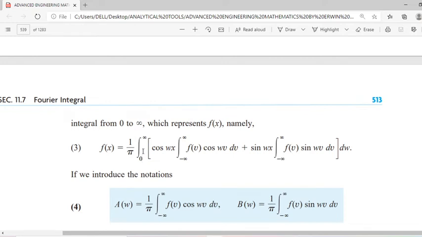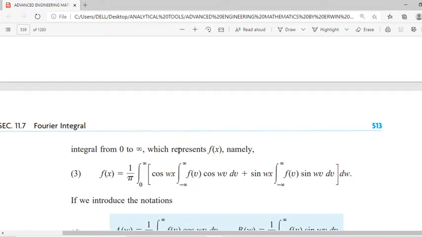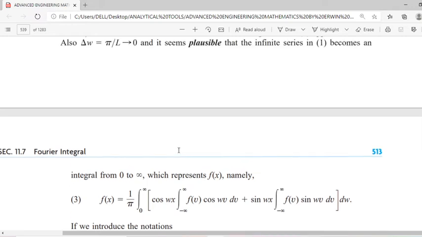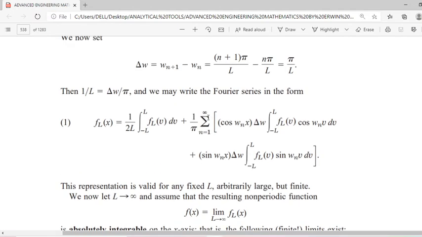1 by pi into integral 0 to infinity cos Wx. So this is from the integrability or convergence concept coming from Riemann integration, Riemann series integration, etc. You know that in Riemann integration, this type of summation will be some lower sum and upper sum, and in between you can see the actual integration.